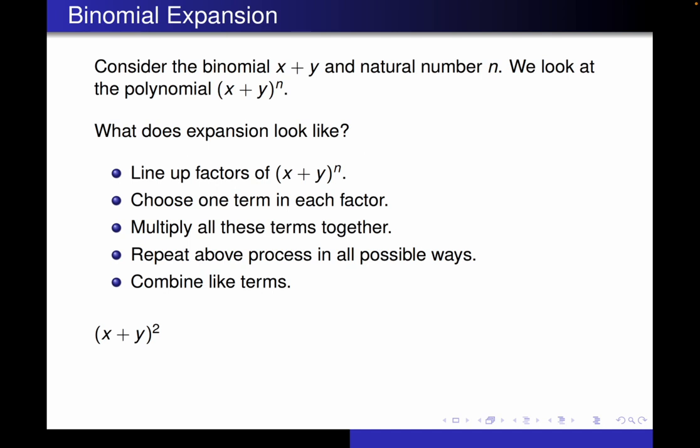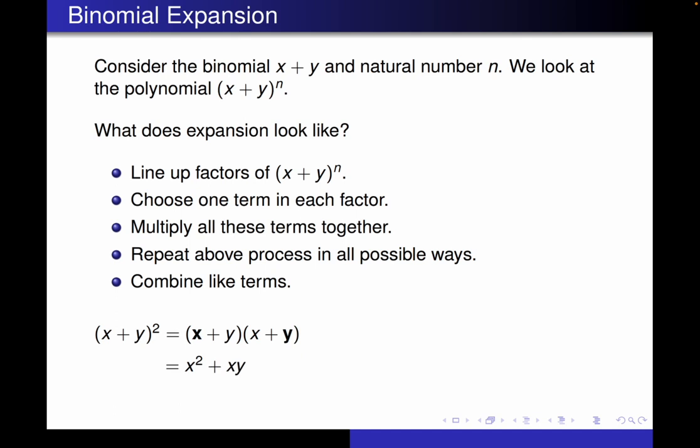You've done this when you squared things, (x + y)^2. So you line up (x + y) times (x + y), and then you choose one term from each of those factors in all the ways that you can. The first way you might do it is choose an x in both of them, the x in the first one and the x in the second one, and you multiply those together. Then you choose an x in the first one and a y in the second one. That's different from before, and you get xy.